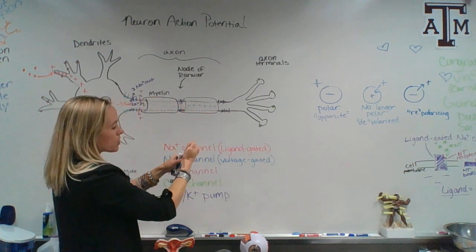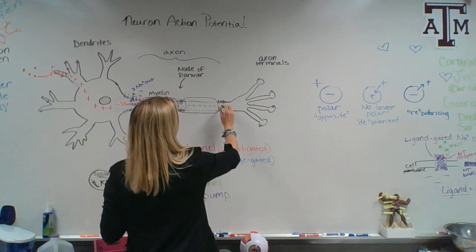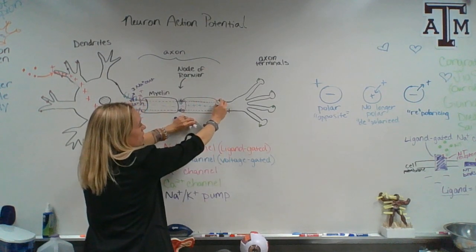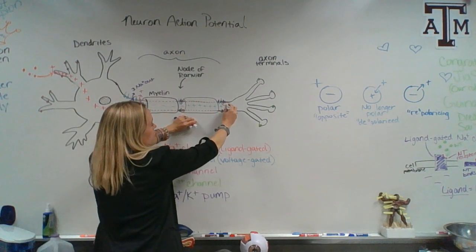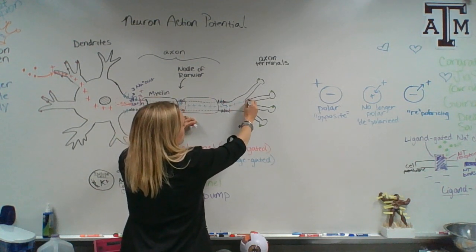The positive charge is still moving along, and the positive sodiums get here, it gets to negative 55, and this sodium channel opens here, and this positive wave gets pushed down, down, down.